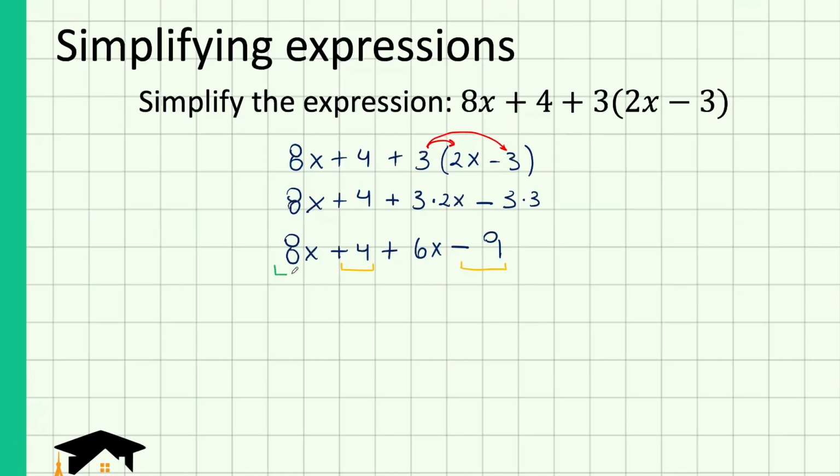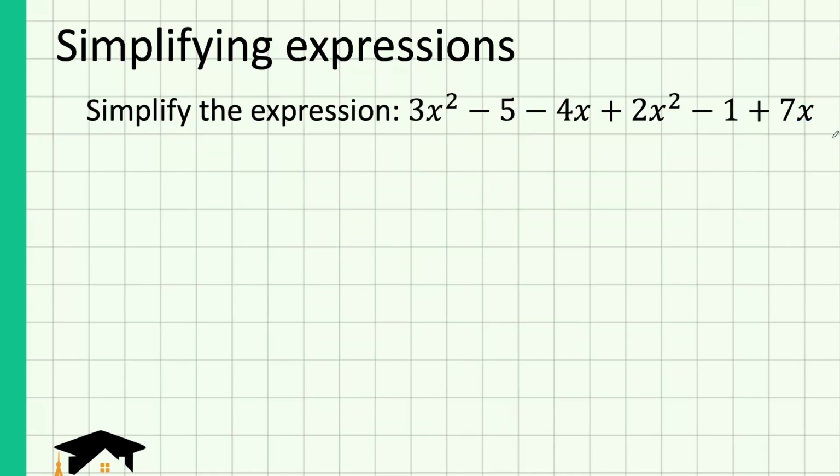And then 8x and 6x both have only 1x. So 8 plus 6 is 14x. And then we will have minus 4 minus 9 is minus 5. And so this expression is equal to 14x minus 5.